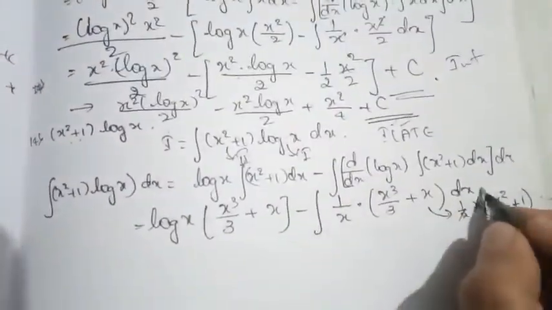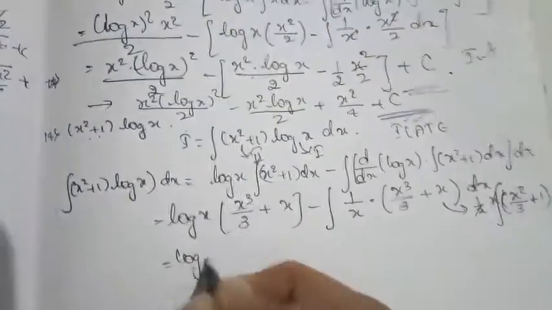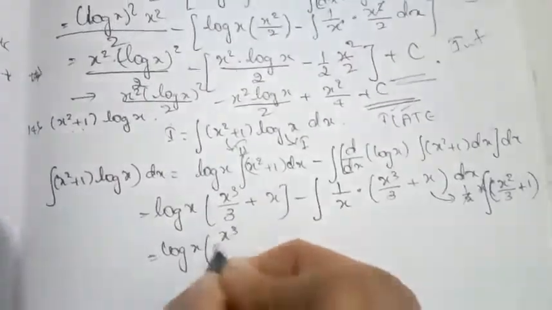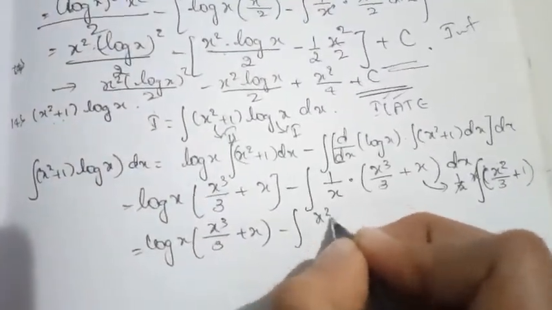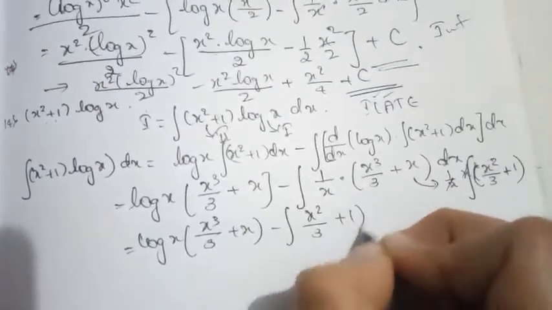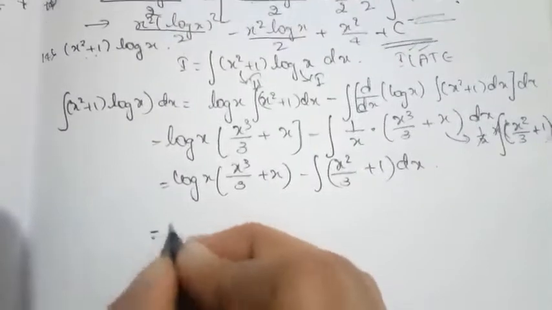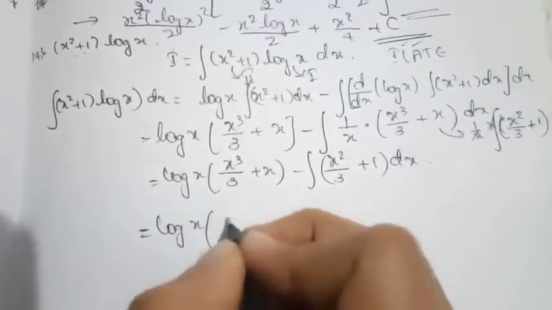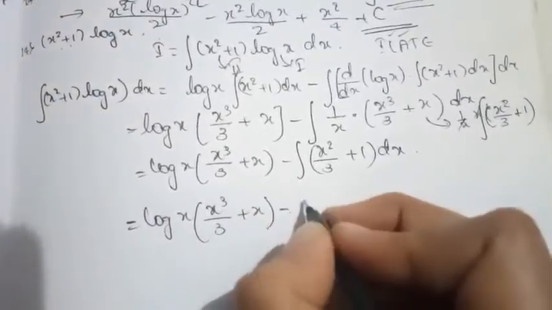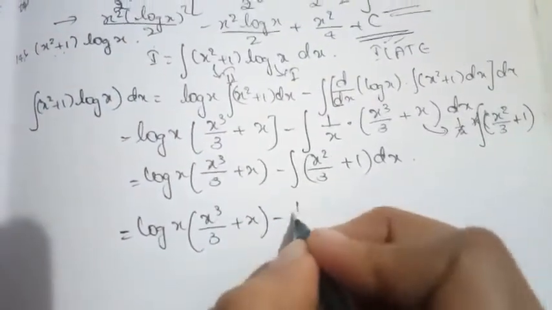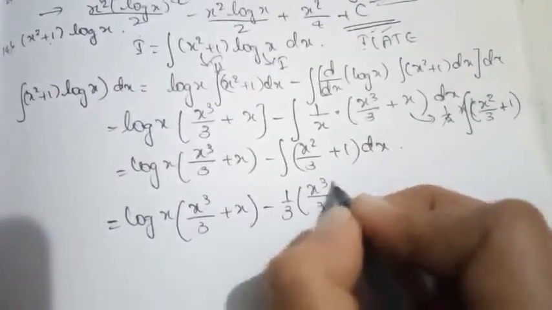So the integration of x square by 3 plus 1, that is log x into x cube by 3 plus x, minus integration of x square by 3 plus 1 into dx. Now what happens? Log x into x cube by 3 plus x, minus integration of x square by 3. Here 1 by 3 as it is, integration of x square is x cube by 3.